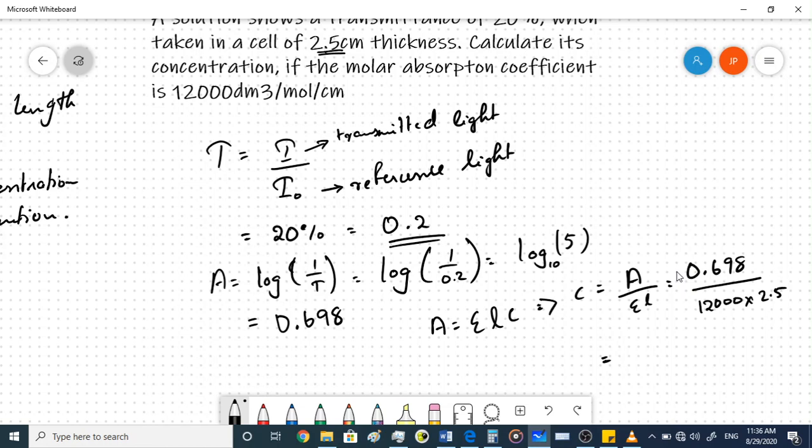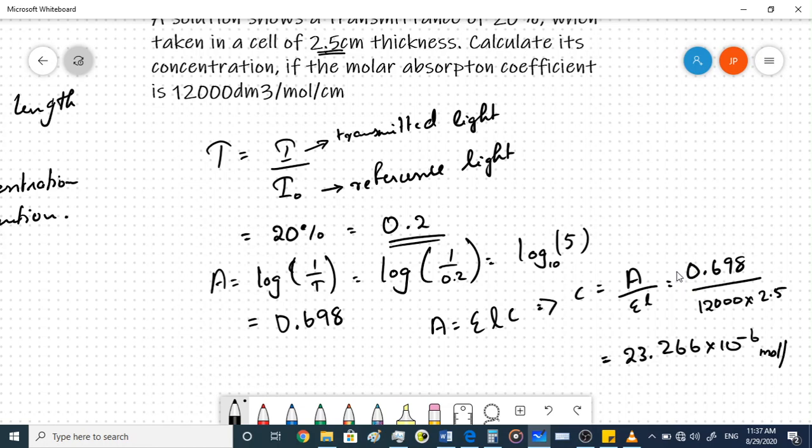Let me just calculate. This comes out as 23.266 into 10 to the power minus 6 moles per dm cube.